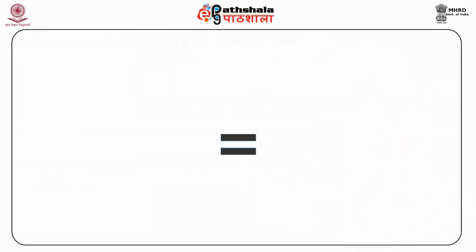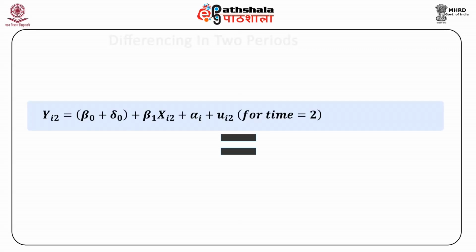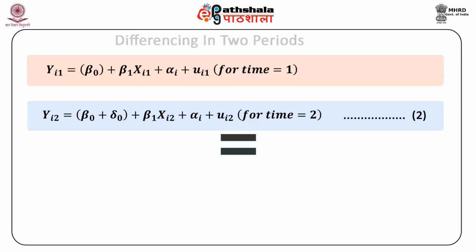Using model 1 for the respective time periods, we can write y_i2 = beta_0 + delta_0 + beta_1 x_i2 + alpha_i + u_i2 for t = 2, and this is our equation 2. Similarly, y_i1 = beta_0 + beta_1 x_i1 + alpha_i + u_i1 for t = 1. This is our equation 3.